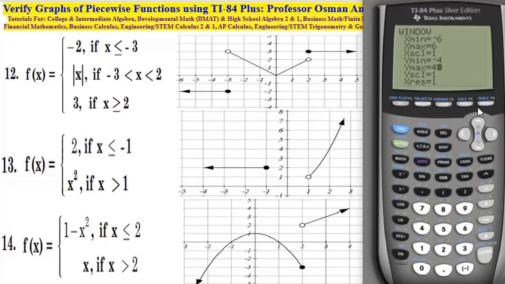Okay, then do graph, and here is a function. Okay, here is a graph.